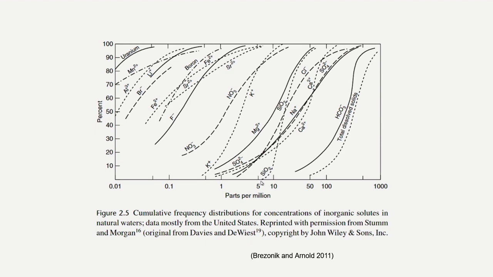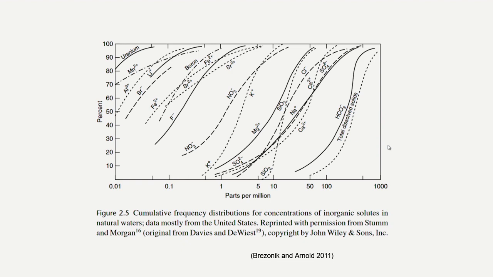All the surface waters of the United States are somewhere between 7 and 50 parts per million silica, whereas something like nitrate has a relatively wide dynamic range. You go from 0.1 parts per million all the way to 10 parts per million. So that's a change of 2 orders of magnitude, whereas silica is less than 2 orders of magnitude in total.